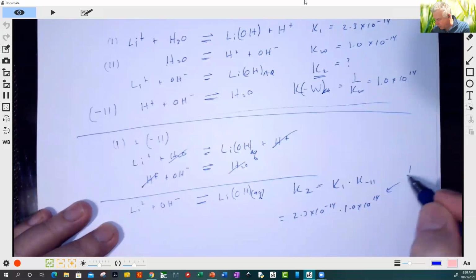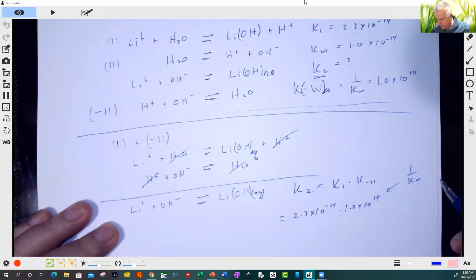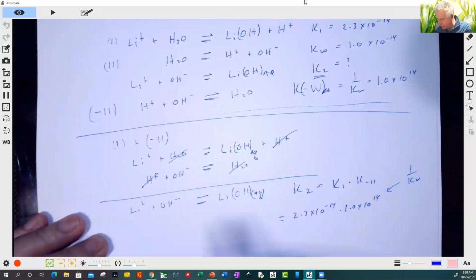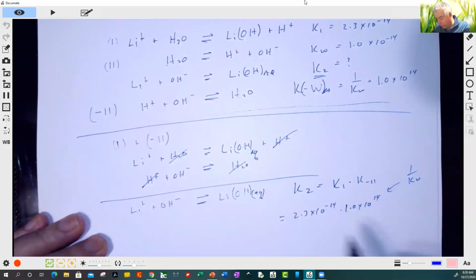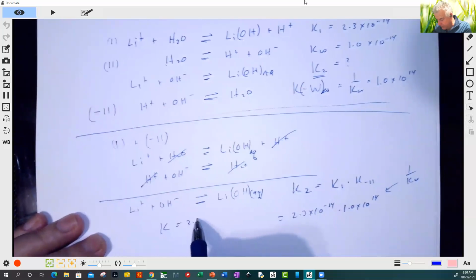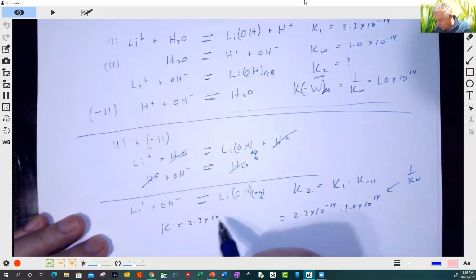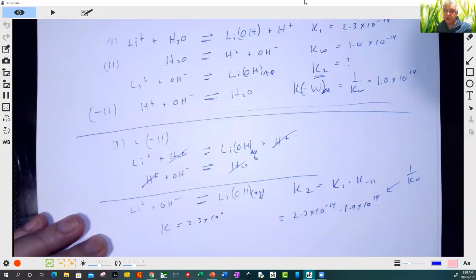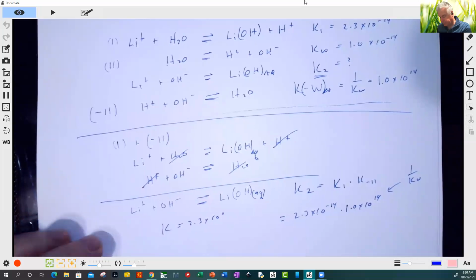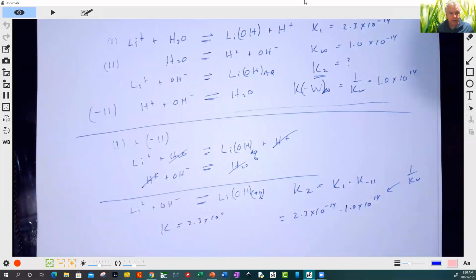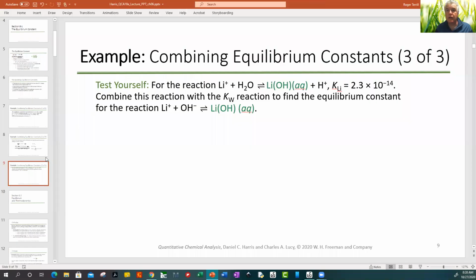This is just 1 over KW. And so this reaction has the equilibrium constant of 2.3 times 10 to the 0. 10 to the 0 is 1, so this is 2.3. QED, right? Let's see if I got that right. Well, I hope I got it right because there's no answer here.